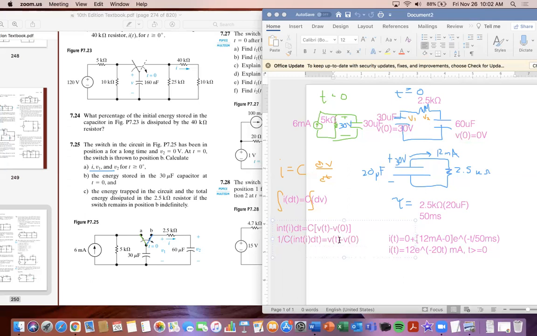Add the V0 to the other side so you can get V of t by itself: 1 divided by C times the integral of I dt, plus V0.